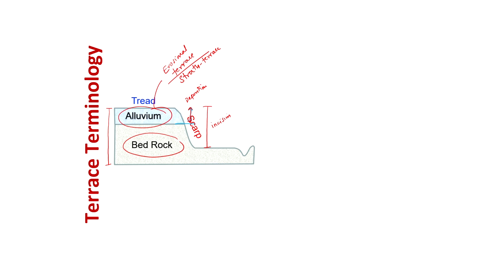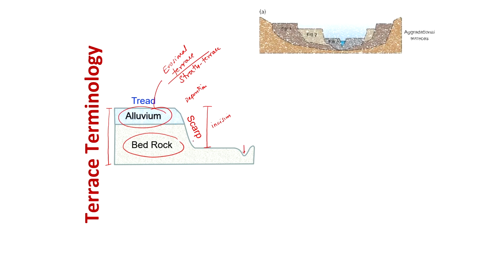And we have the scarp, which is basically an erosional scarp. It's nothing to do with tectonics. The channel is flowing over here. So this is an erosional scarp we see.